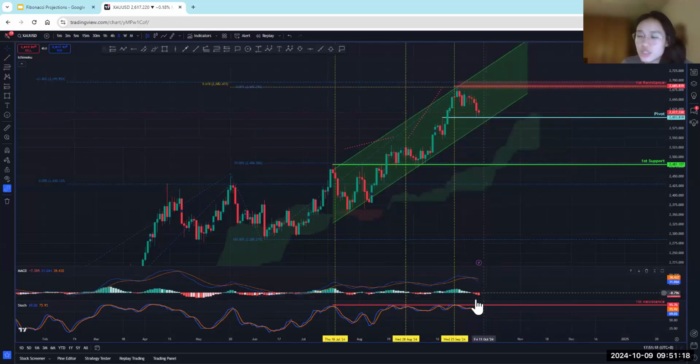And the bearish momentum is quite minimal as of right now. And the stochastic, even though we have that hidden resistance, it already did reverse slightly off of it. So we might see a bit of a reversal back upwards.